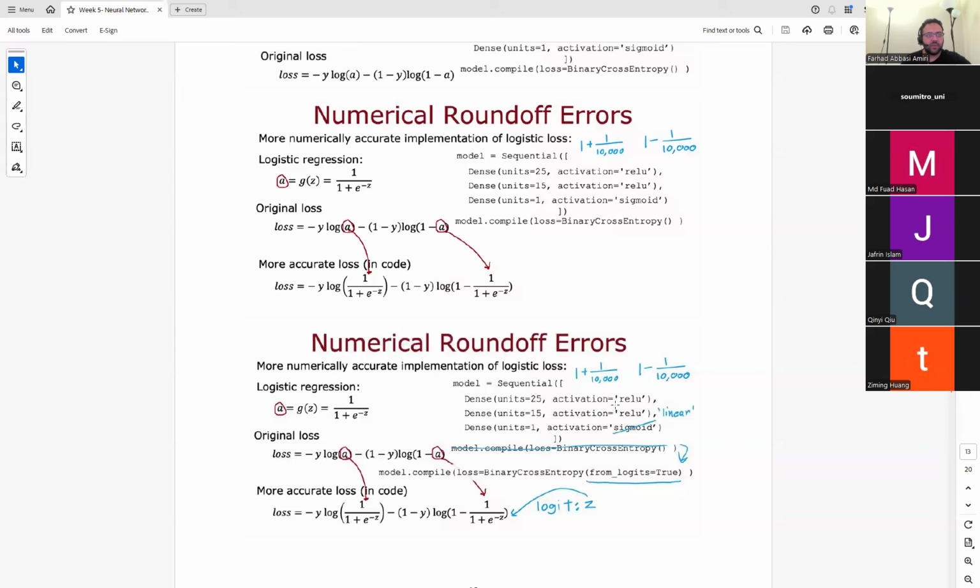Writing the code this way, with from logits equal to true, you let the computer calculate the loss function in a more accurate way, with less round off error.